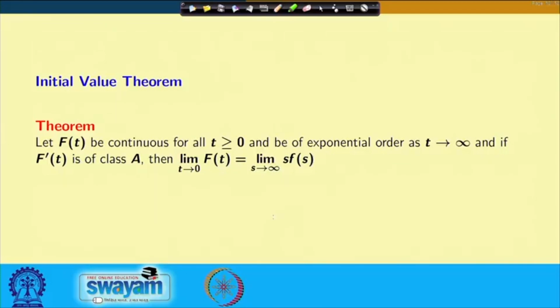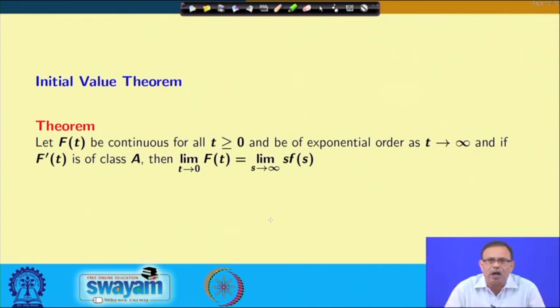This initial value theorem states that let f(t) be a continuous function for all t greater than or equal to 0 and be of exponential order as t approaches infinity. And if f'(t) is of class A, that is f'(t) is piecewise continuous and is of exponential order, then limit as t approaches 0 of f(t) must be equal to limit as s approaches infinity of s F(s).